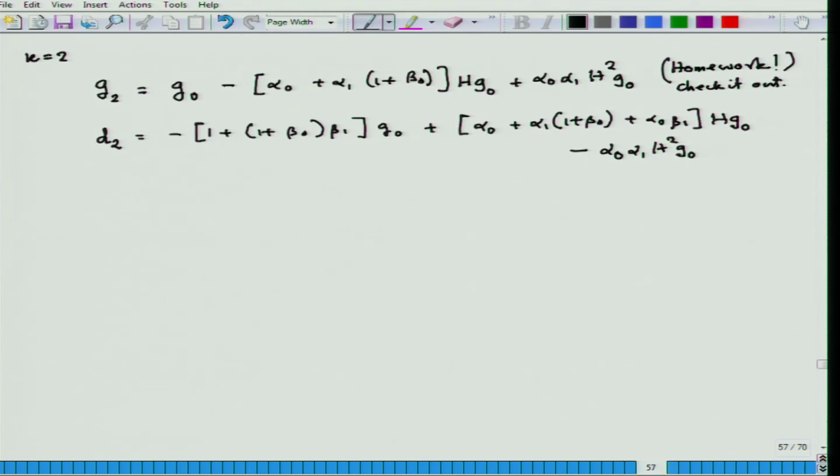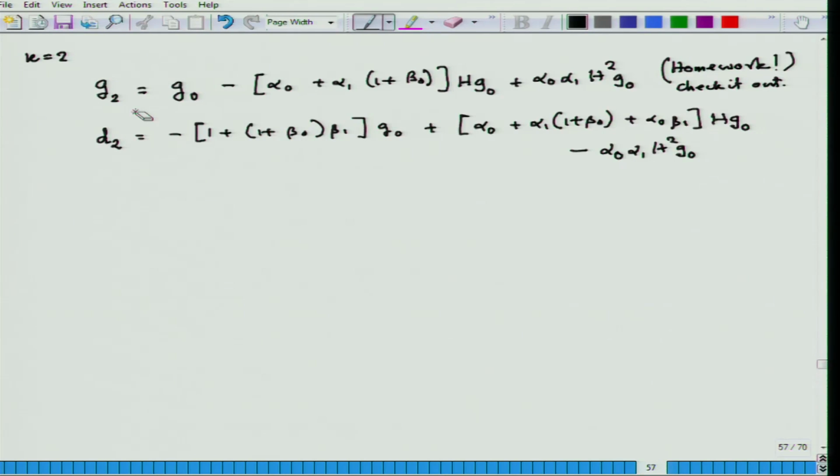So, if I know the gradient vector at G0, that is x naught, then I can have a lot of information about the problem. Here beta 1 and beta naught are calculated according to the beta k formula given in the beginning.